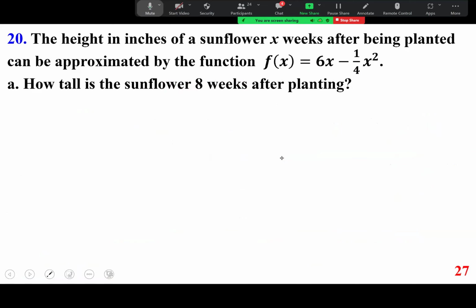Here's the last question. The height in inches of a sunflower X weeks after being planted can be approximated by the following function. How tall is the sunflower 8 weeks after planting? Replace the x.